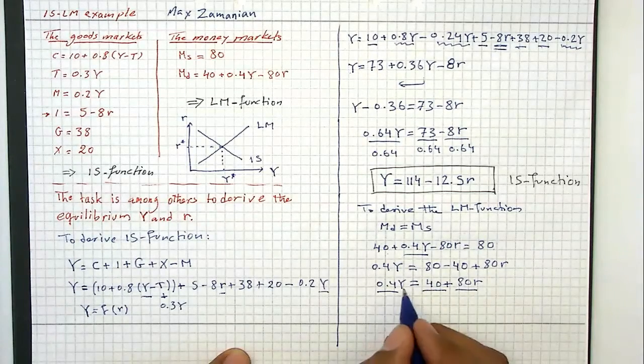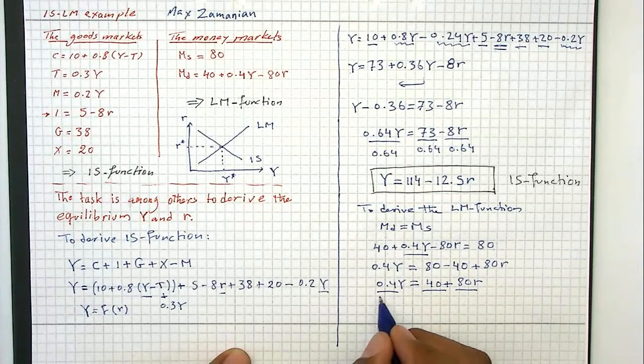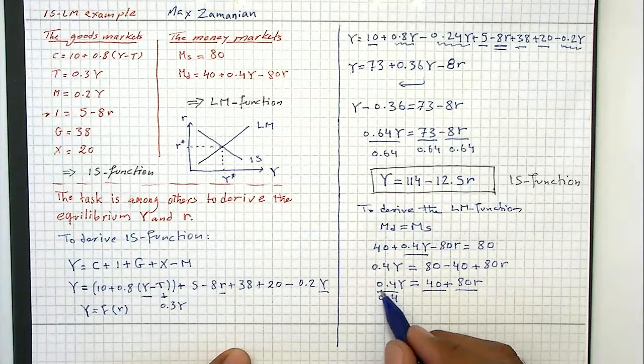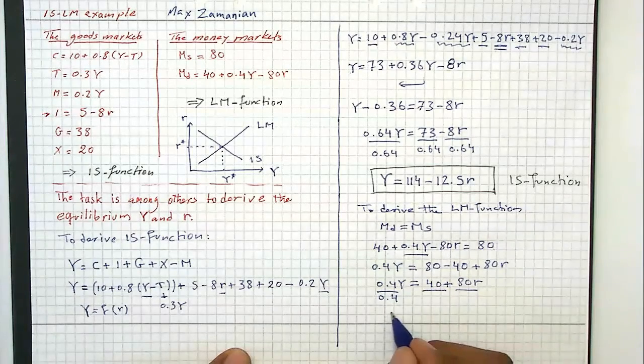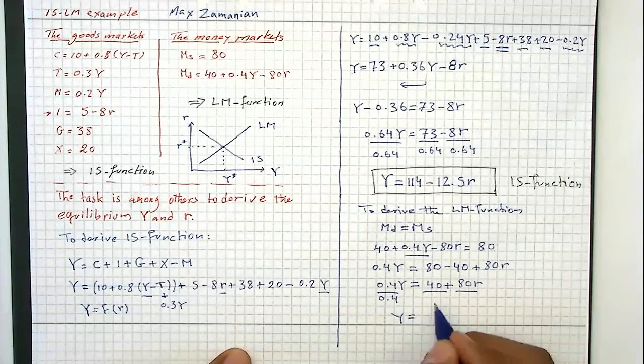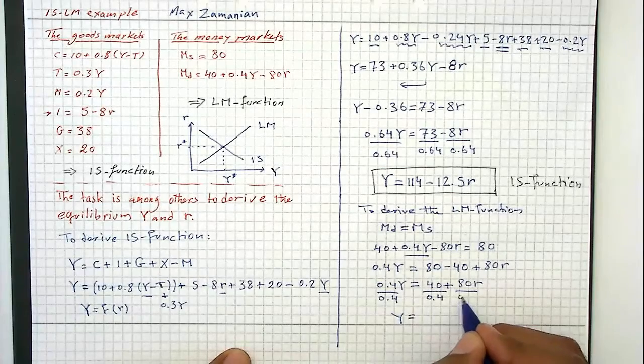Same as before, to get y isolated, I need to divide all terms by the coefficient for y on the left hand side. So 0.4 divided by 0.4 makes 1, so I get rid of it. I have only y here. And then I divide on the right hand side both terms with 0.4.